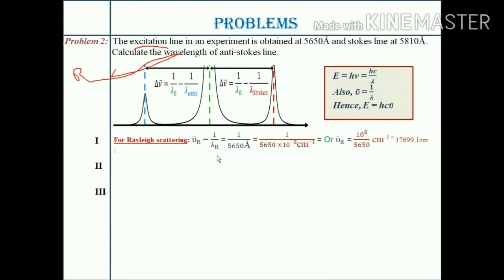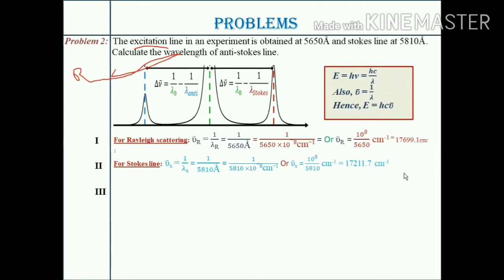From this wavelength, we calculate the wave number, which comes out to be 17699.1 centimeter inverse. We do the same process for the Stokes line as we did in the previous question. So the wave number for the Stokes line is 1 over lambda, and lambda is 5810 angstrom. So we calculate the value in centimeter inverse.